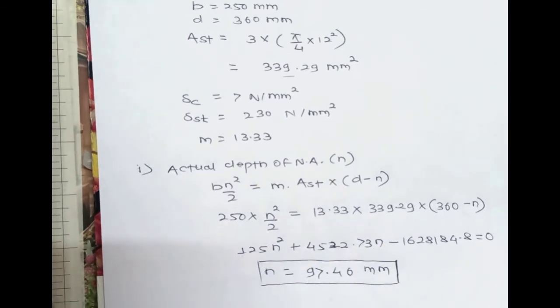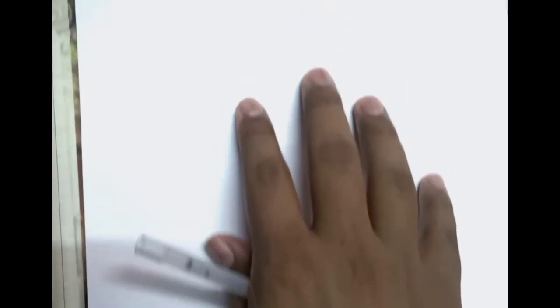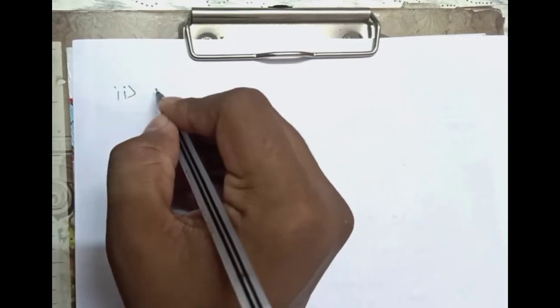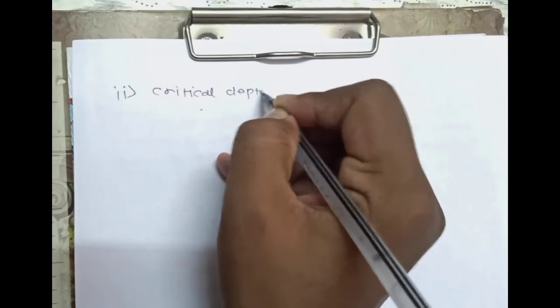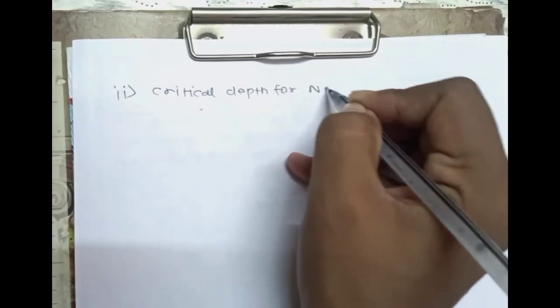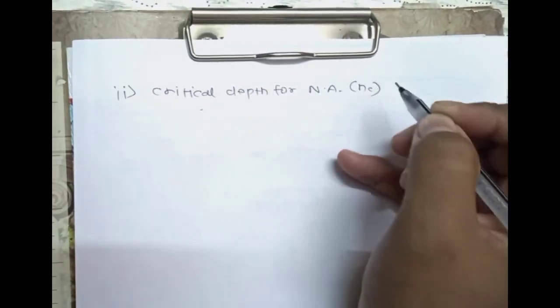Now we need to find the critical depth of neutral axis. Step 2: critical depth of neutral axis, denoted by nc.